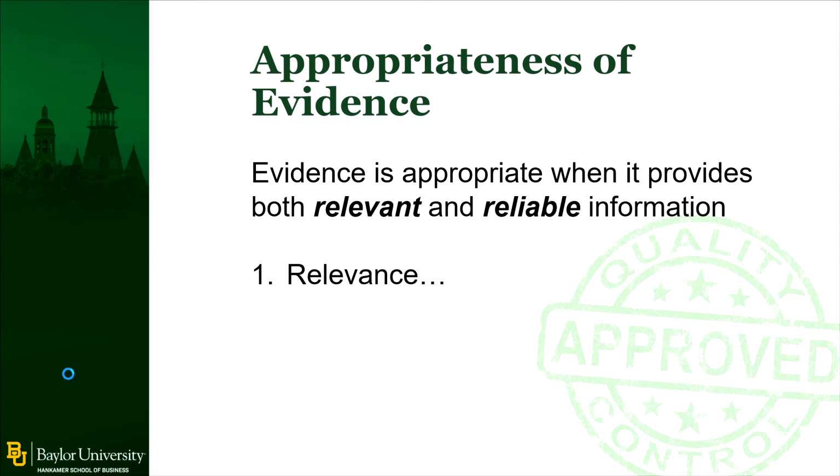It provides me with information about that assertion. If it's reliable, then we're talking about the specific source of that information. Where did it come from? Can I trust it? And the more trustworthy that source is, the more reliable the information and evidence actually is.